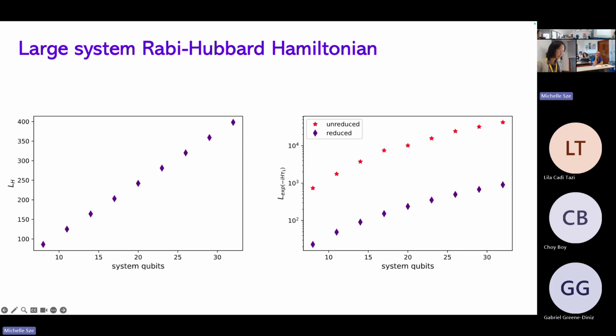So for example, L sub H here is the number of terms in your Hamiltonian, and the one on the right is the number of terms in your propagator.